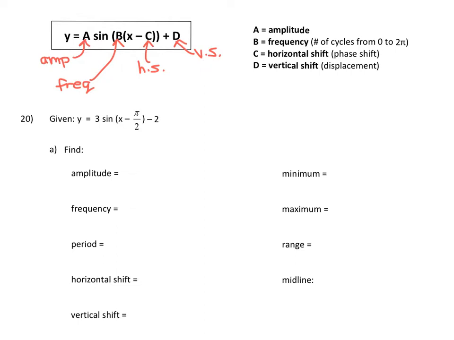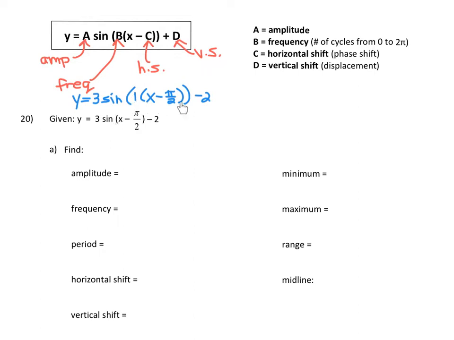Now in number 20, we're given this equation. Okay, so we want to take a look at this equation and just line it up with everything that's here and answer these questions below. Now the only thing I'm seeing different about my equation is here we have parentheses within parentheses. So what I just did was rewrite this. I mean, technically, if there's a number in front of the x, isn't there really just a 1 in front of the x?